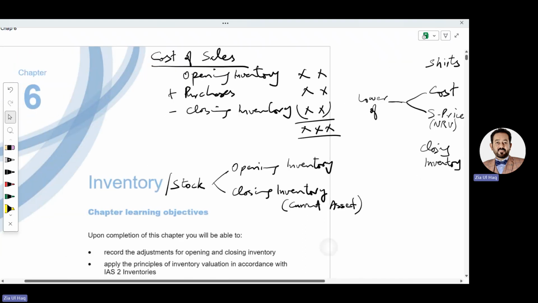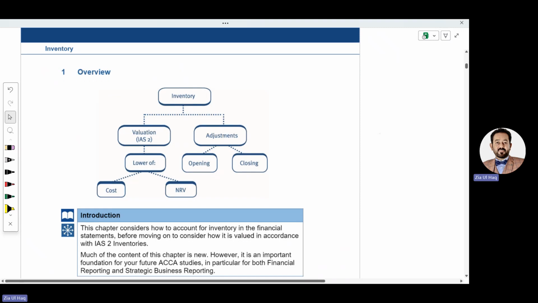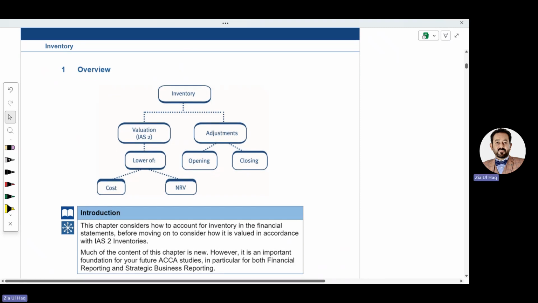So let's discuss this inventory chapter. According to IAS 2, the accounting standard on inventories, inventory should be valued at the lower of cost and NRV. NRV stands for net realizable value.